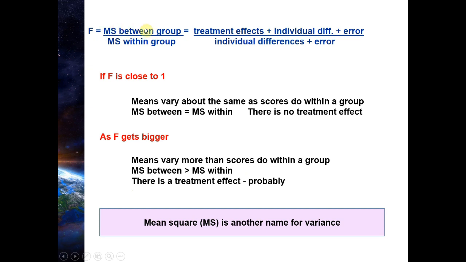This here, okay, can be very large and make F large. This will always have to be bigger than this, but maybe F is getting bigger because this is getting smaller very quickly. All right. Either way, this F value has to get bigger and bigger. It has to get over that critical value in order to be significant, in order to fall into a rejection zone.